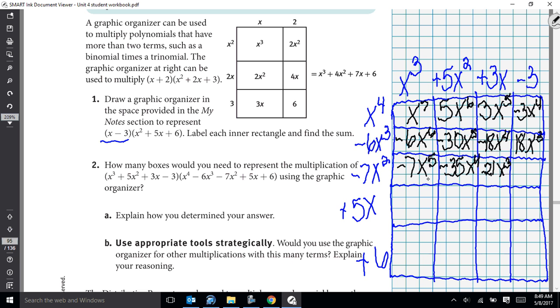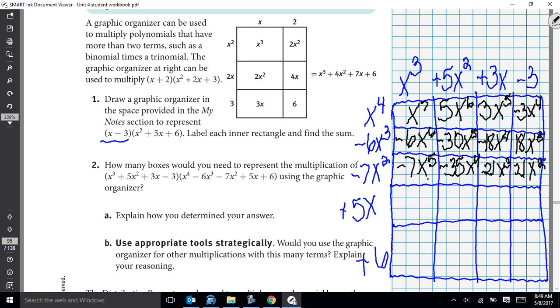In this one, we have negative 7x squared times negative 3. All right. Are we noticing any patterns with our like terms? All right, let's keep on going.